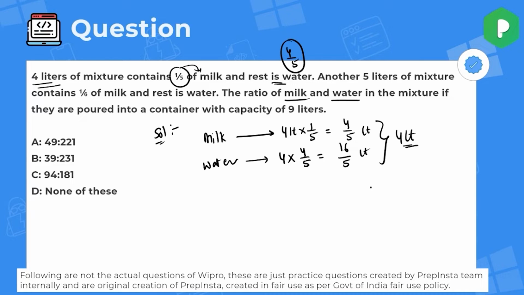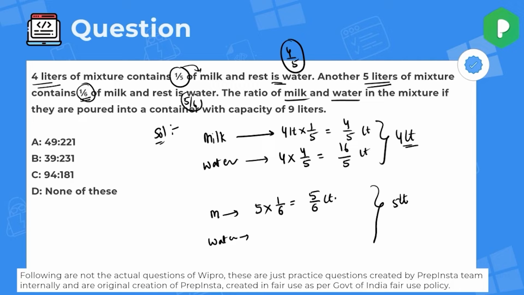Then what is the quantity of the milk and water in 5 liters? Just look here. Milk in the 5 liters mixture is 1/6. So out of 5 liters, only 1/6 was milk, such that 5 into 1/6 is 5/6 liters. Then what about the water? Already 1/6 is milk, then remaining 5/6 is water.